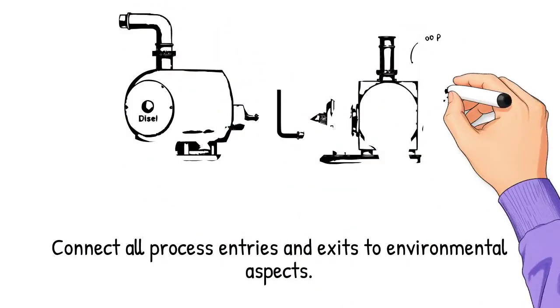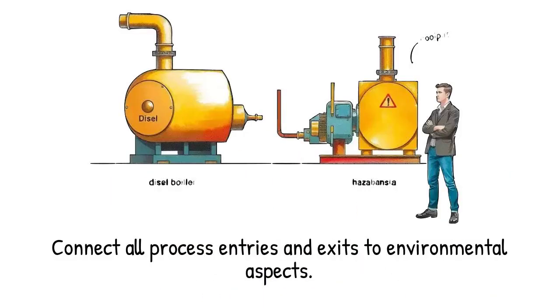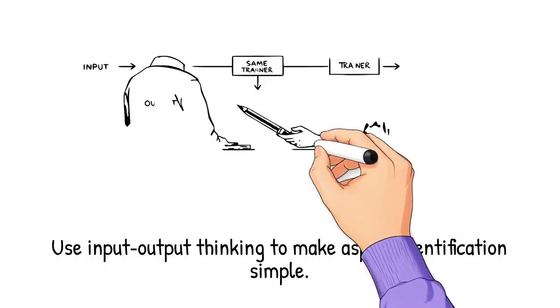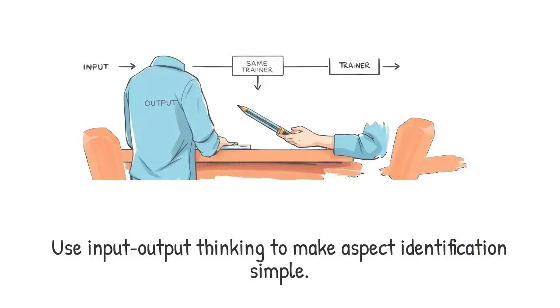For example, if a boiler uses diesel, the input is fuel and the output is flue gas emissions. If a machine uses coolant, the input is chemical and the output is hazardous waste. This simple input-output thinking makes aspect identification extremely easy.